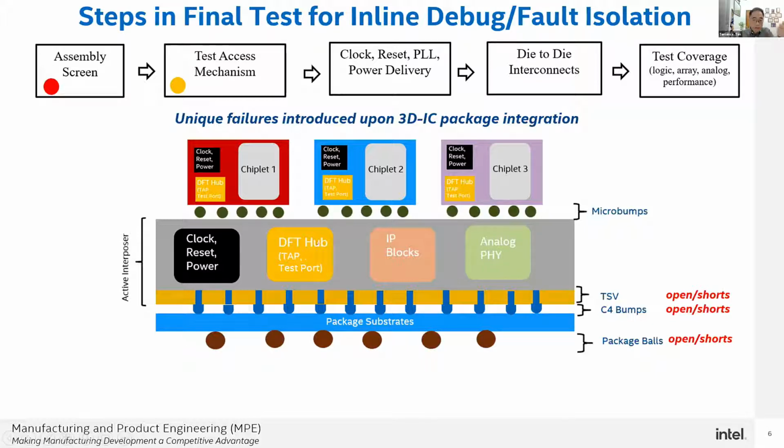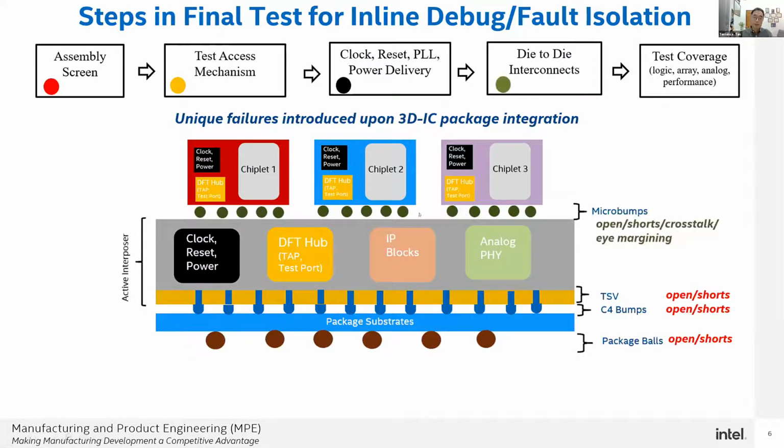They could be JTAG and parallel test port for scan. The third thing, which is the black box, is power, clock, and reset delivery. You need to make sure that every chiplet is able to have a functional clock, reset, and the power being delivered. Because the way you deliver the power will be different between chiplet and package, like what I mentioned, the interoperations, the right controls, things like that.